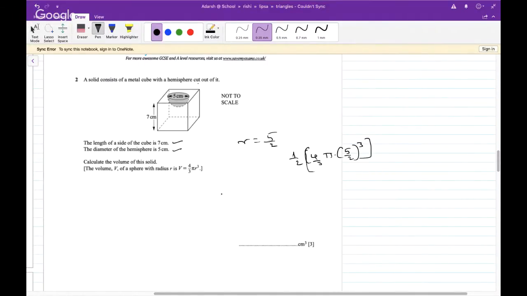The volume of the cube is 7 cubed. So the volume required is 7 power 3 minus this answer. So 1 by 2, 4 by 3 pi into 5 by 2 cubed. So let's solve this.